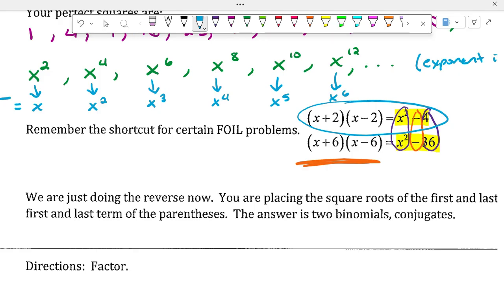Look at the original, x squared minus 4, and then look at the components that make up the factors. Right, so plus and minus, that is part of it. What else? Why would I bring up perfect squares?